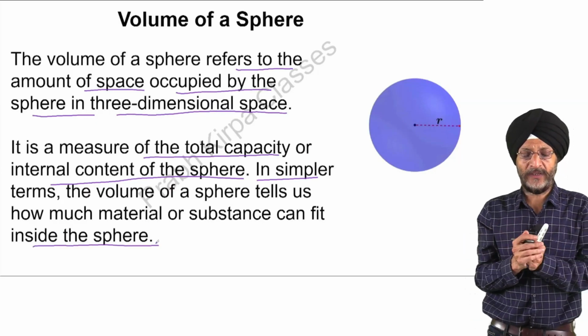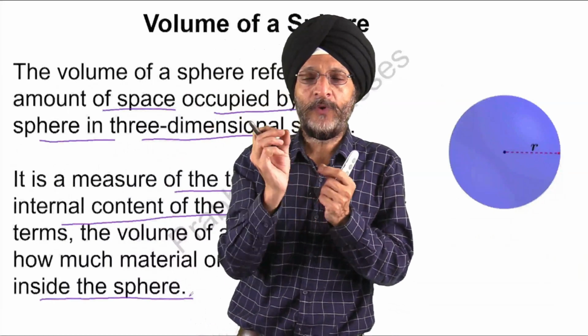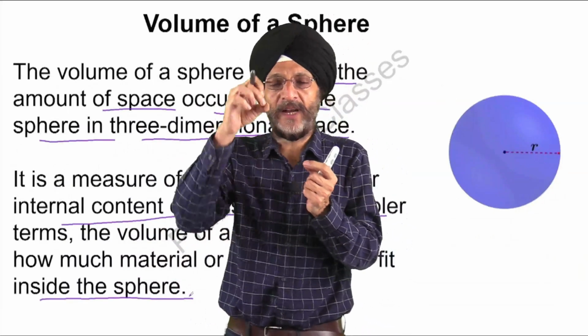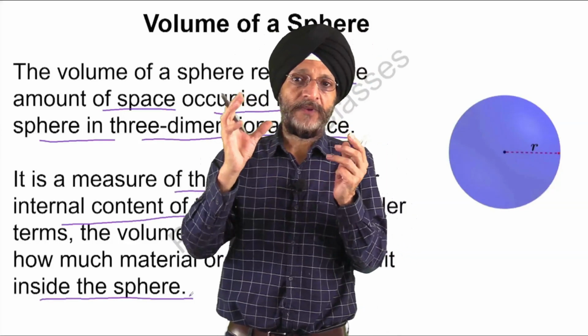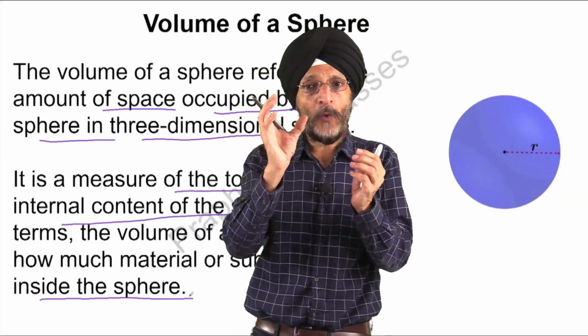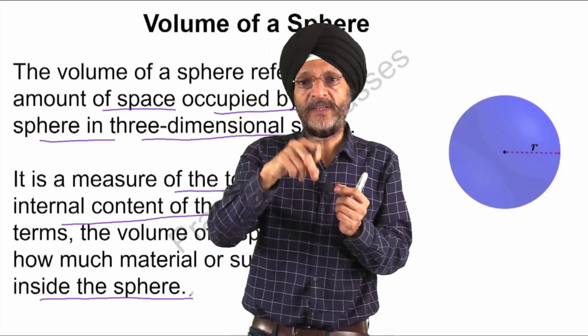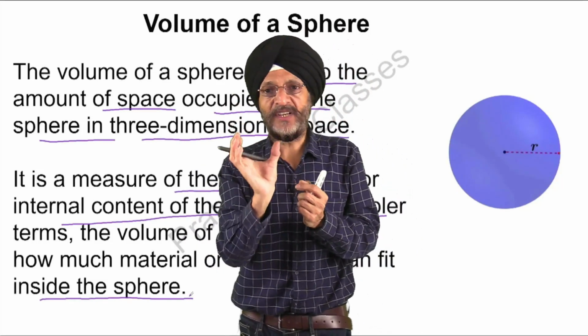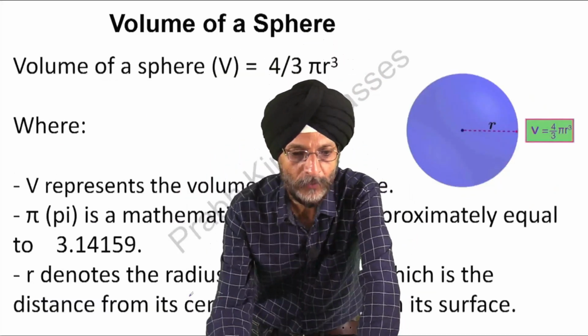We can take the example that suppose there is a basketball. We make a small hole in it and put water in it, and the volume will tell us how much water will be there in the sphere-shaped basketball.